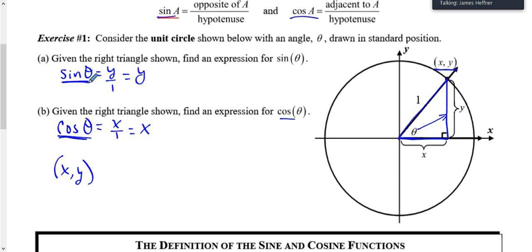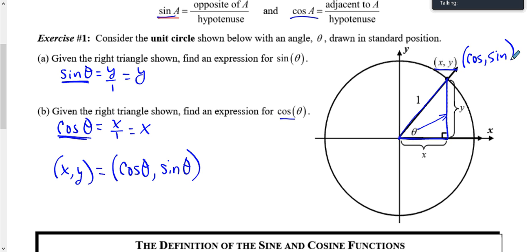So any point on that circle, x, y, is just cosine theta, comma, sine theta. Follow me? So this x, y up here is cosine comma sine.